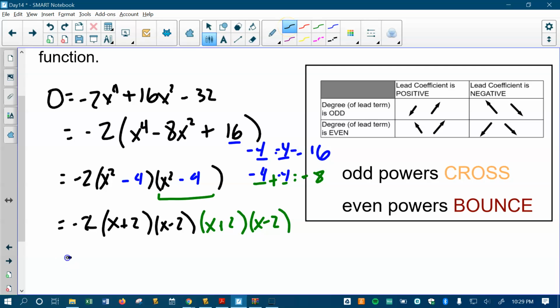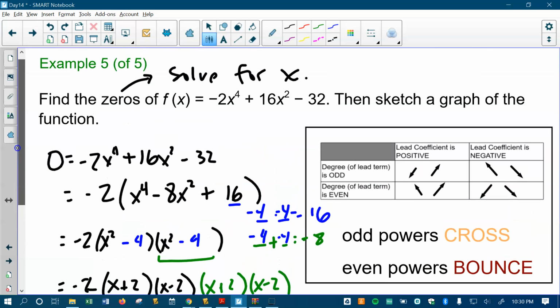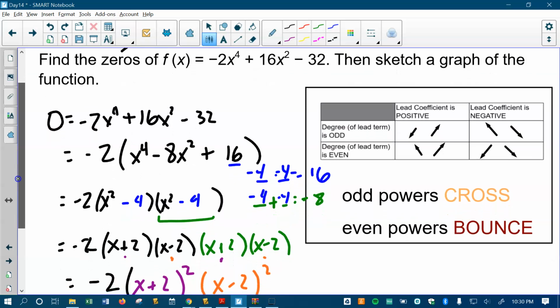I could rewrite this, and I will. So negative 2, I have 2 x plus 2's, and I also have 2 x minus 2's. Okay, this is what the polynomial factors to. And if we multiplied all this out, and I wouldn't recommend it, you would get where we started.